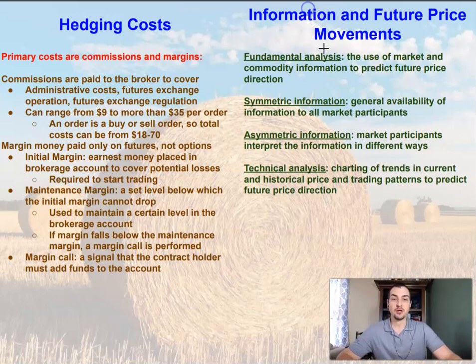So if the position that you're holding in that futures market begins to lose money, and you actually lose $750, and now you're hitting this maintenance margin, that's the bottom line that it can go to in that brokerage account. So it's used to maintain a certain level in that brokerage account. If that margin falls below this maintenance margin, a margin call is performed.